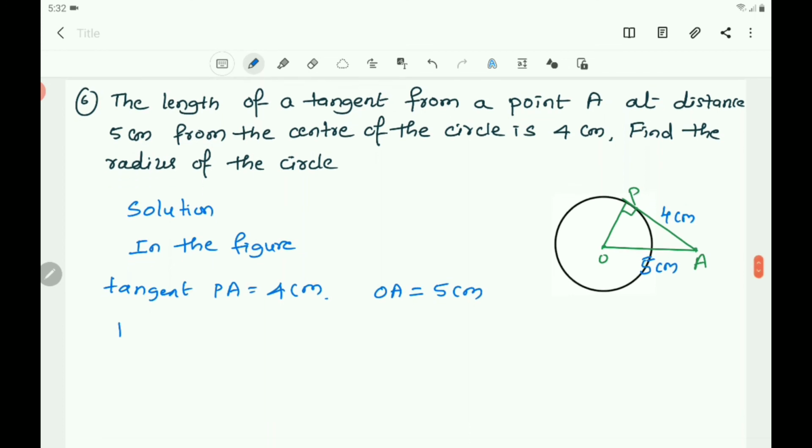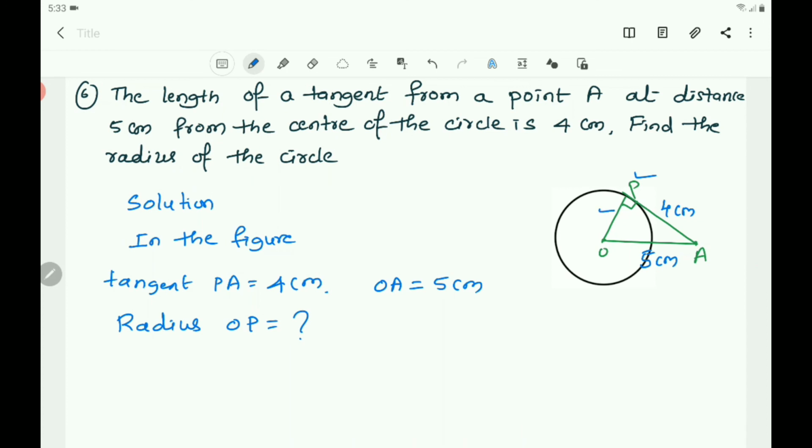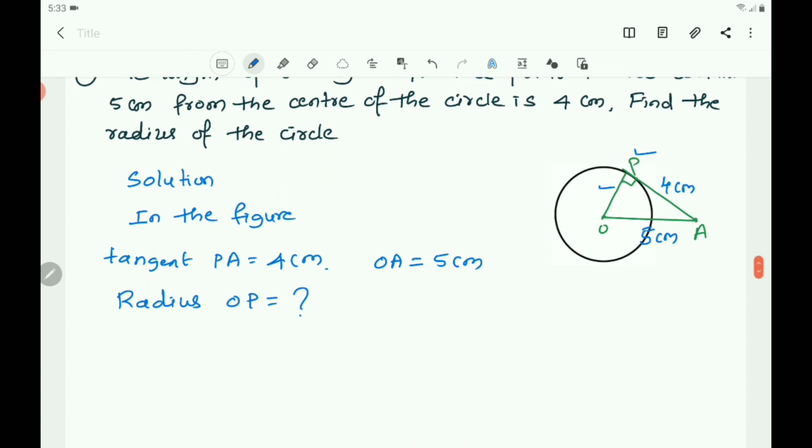Then what you have to find out? Radius OP equals question mark. The tangent and the radius at the point of contact are perpendicular. Here AP is a tangent, P is the point of contact and OP is a radius at the point of contact P. Therefore here angle P equals 90 degree, that is angle APO equals 90 degree.